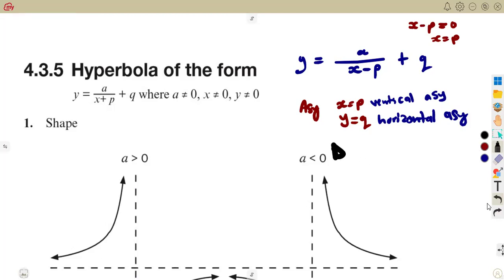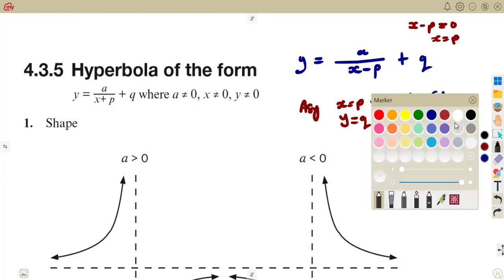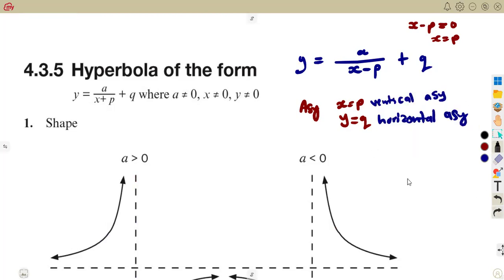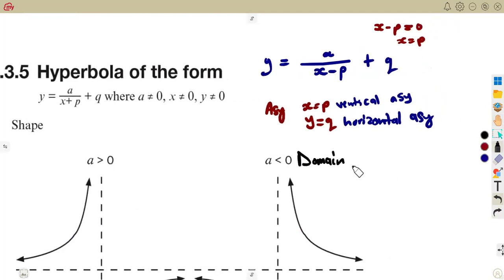As for the domain, x is going to be all the real numbers, but cannot be equal to p. The x equal to p is an asymptote, so x cannot be equal to that value of p.